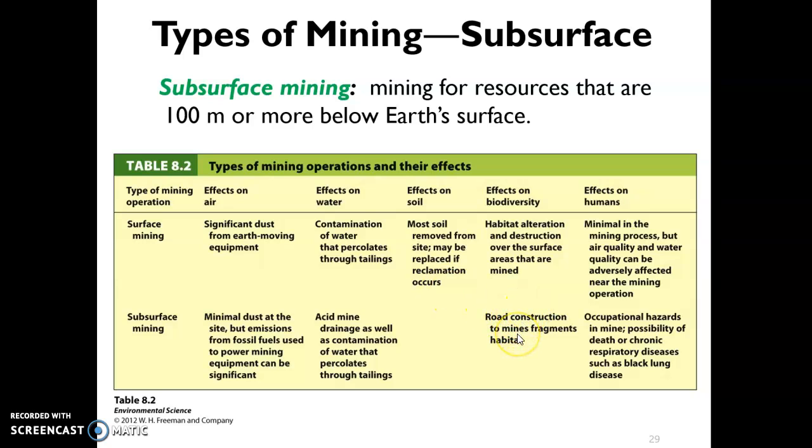When you look at subsurface mining, it involves a lot of road construction, which has the effect of fragmenting various habitats because these roads are built through to get to one mining site and then another. When you have surface mining, you do also have habitat alteration and destruction over the surface of the areas that are mined.